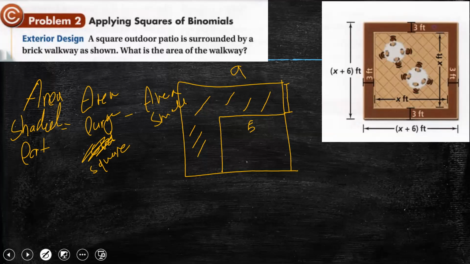This is how I can find the area of the shaded part. In this problem, I didn't have the areas or the lengths as numbers. I have them as expressions. I need now to find the area of this shaded region, but with expressions, not with numbers. What do we have to do?